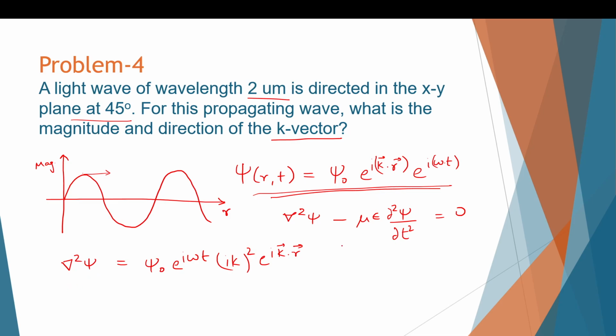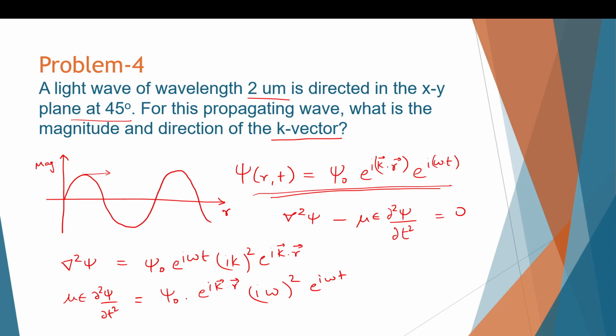Similarly, mu epsilon times dou square psi by dou t square is equal to, again this e power i k dot r I'll take outside, then I will have i omega square over i omega t.